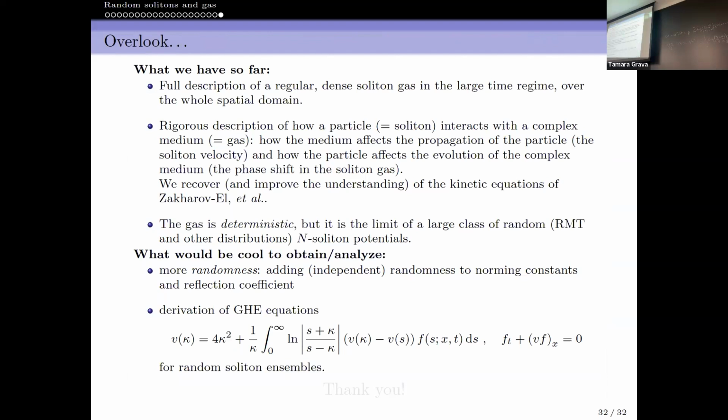Given a realization of the initial field of the soliton gas, if I do direct scattering, would the spectrum be wholly discrete, or would there also be a continuous component?